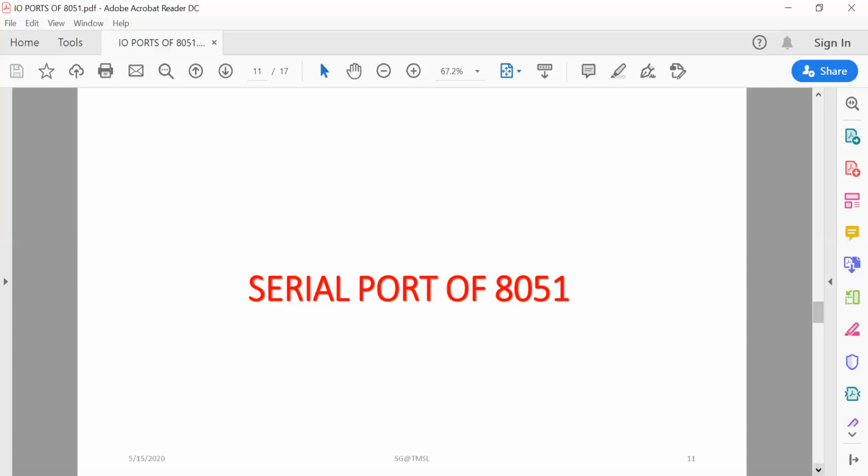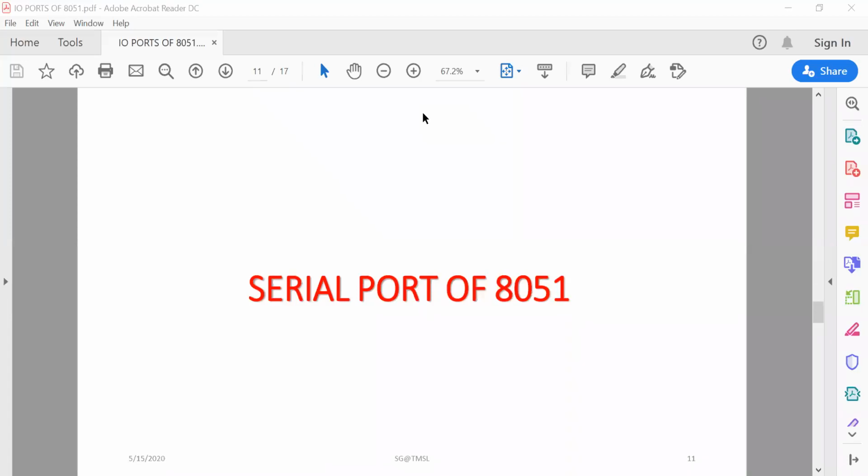For example, if you have pen and paper with you, we can write MOV A, SBUF. This will read received data from the receive SBUF register. So the receiver buffer will receive data from the RxD line.